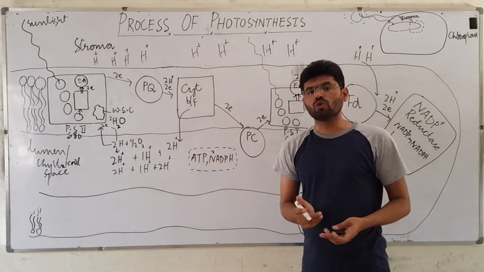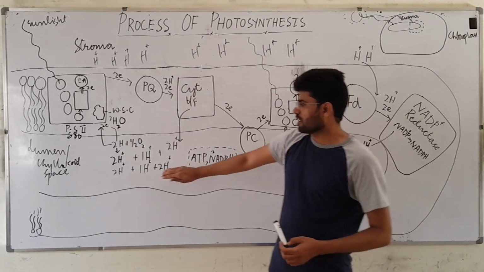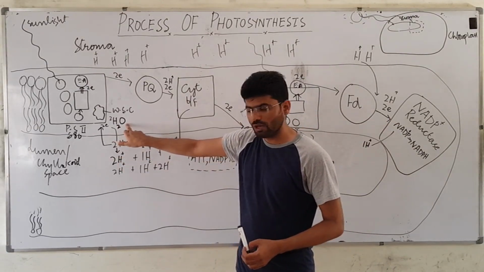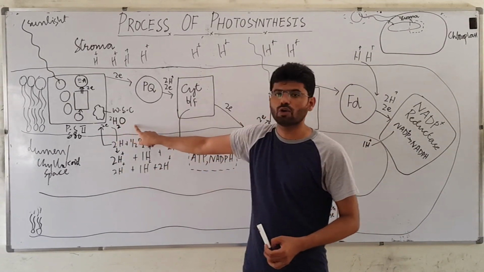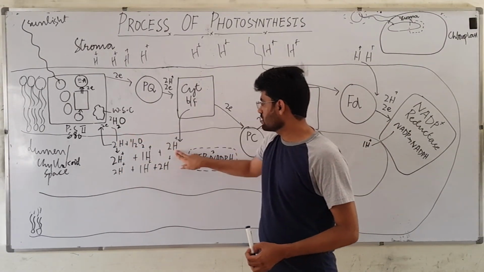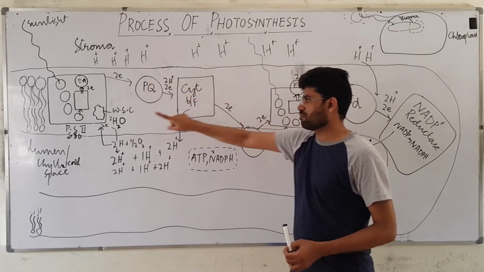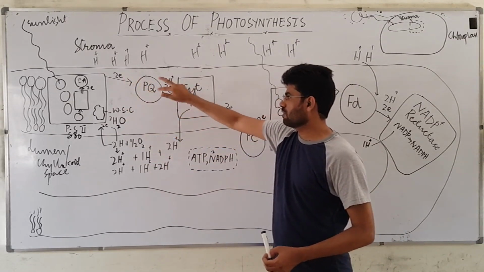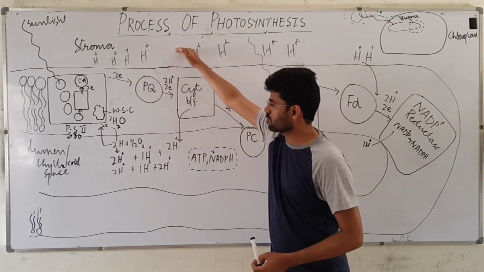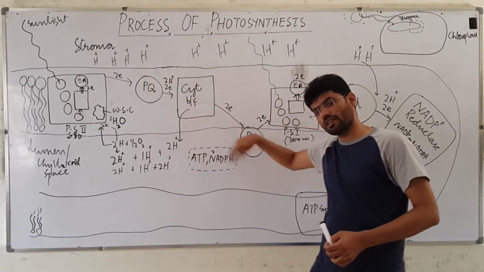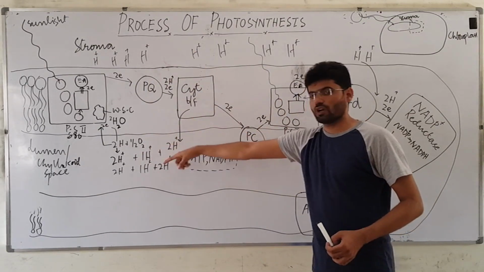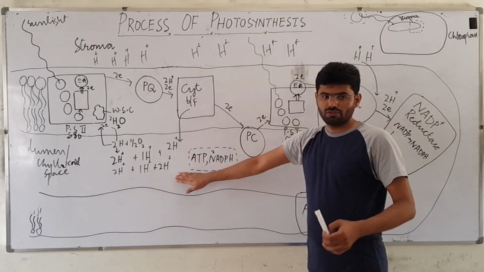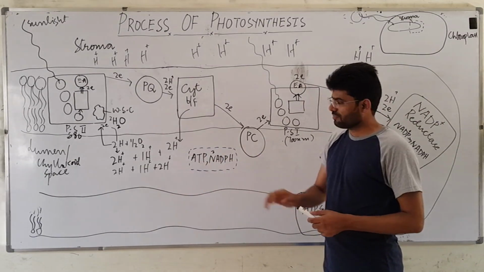And from those 2 water molecules, there will be accumulation of 10 protons. The 2 protons from one water molecule, and the 2 protons again from one water molecule. When the 2 electrons move from PS2 to PS1, again the 2 protons will be pulled from stroma into the thylakoid space, when another 2 electrons will move, and one proton they are yielding from this. So this will be the accumulation which is called 10 protons.